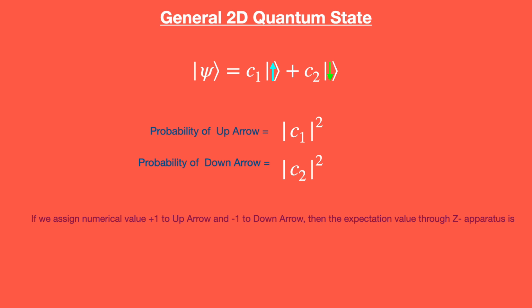Now, if this is true, one of the things that we can immediately construct is that, let's say, for the up arrow, upon measurement, I want to assign it a value of +1. Now remember that the up arrow is a vector, a quantum state in some ways, and upon measurement it'll give me some value. Think of this as a coin.